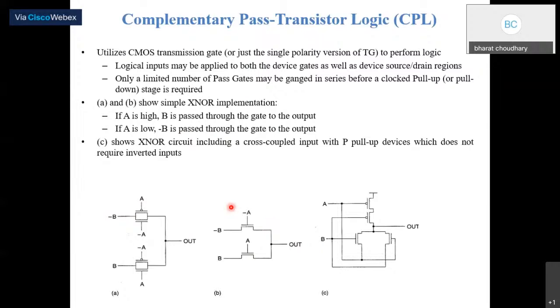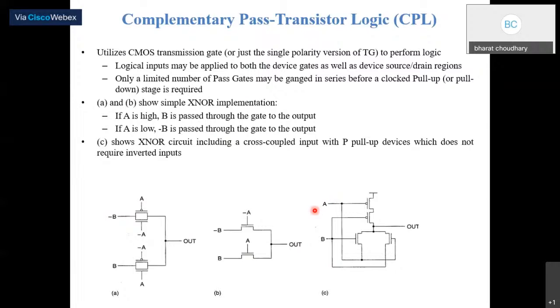So this simply shows an XNOR circuit including a cross coupled input with a P pull-up device, which does not require inverted inputs. Here we are implementing an XNOR gate, whereas there is no requirement of inverted variable functions. So simply we can implement the XNOR gate by using A and B only.